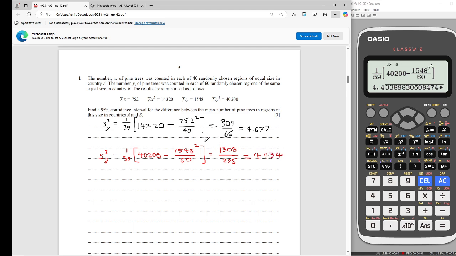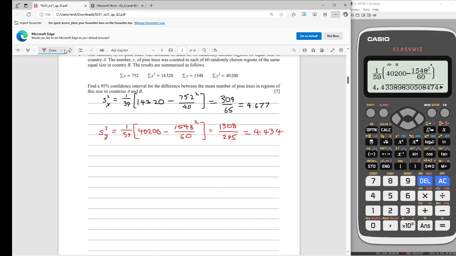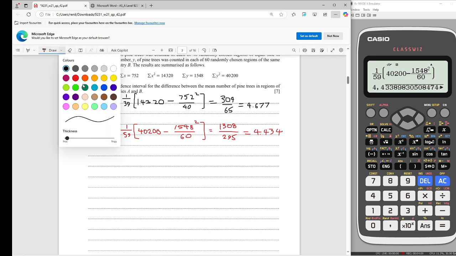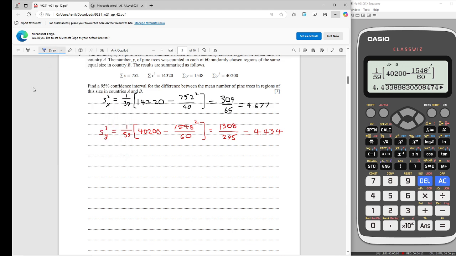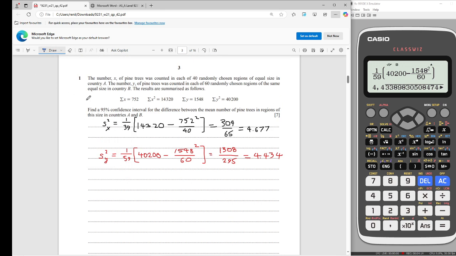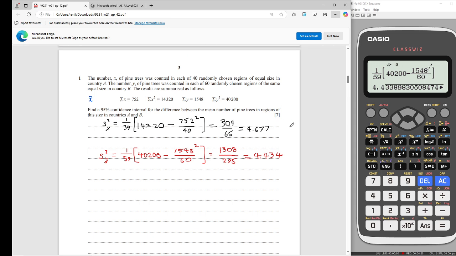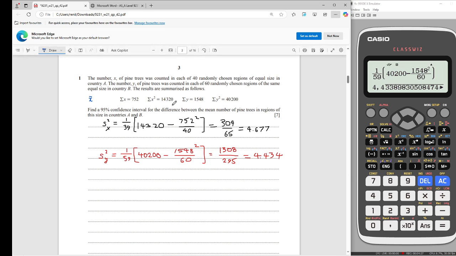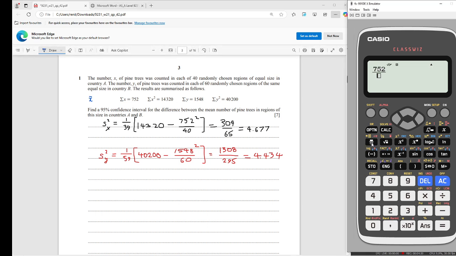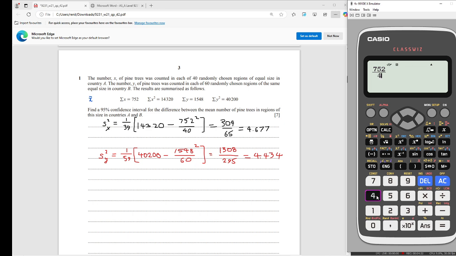Okay, now that we've done that, I forgot to calculate some values that we need earlier on. So let's get the sample mean of x and y. What this denotes is the sample mean, and that is the total sum of samples divided by the number of samples. So 752 over 40 would give us our first sample mean, which is 18.8.